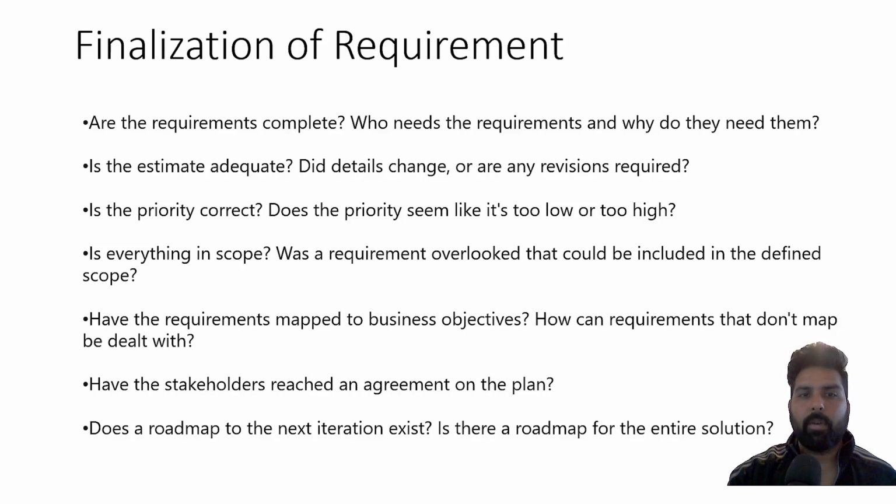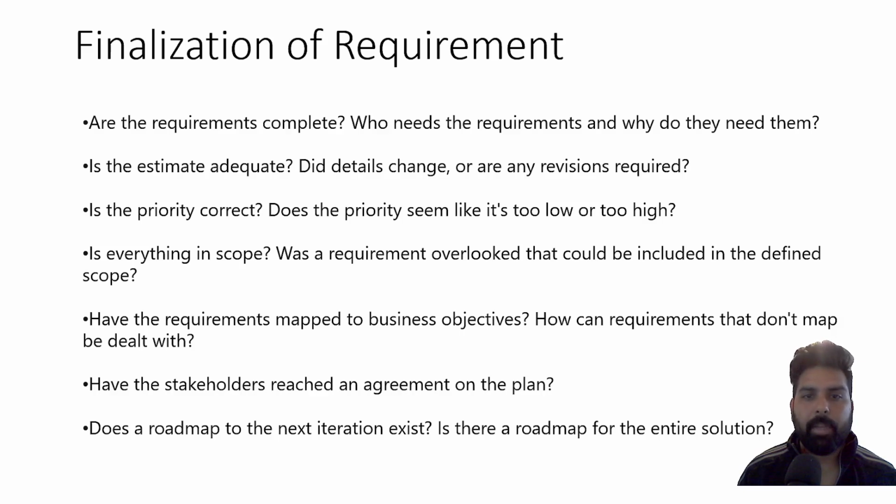But there are a few questions before you finalize the requirement that you need to ask yourself. Are the requirements complete? Who needs the requirement? Why do they need them? The fundamental questions which we discussed in the beginning. Is the estimate adequate? Did details change, or is any revised requirement there? Is the priority correct?